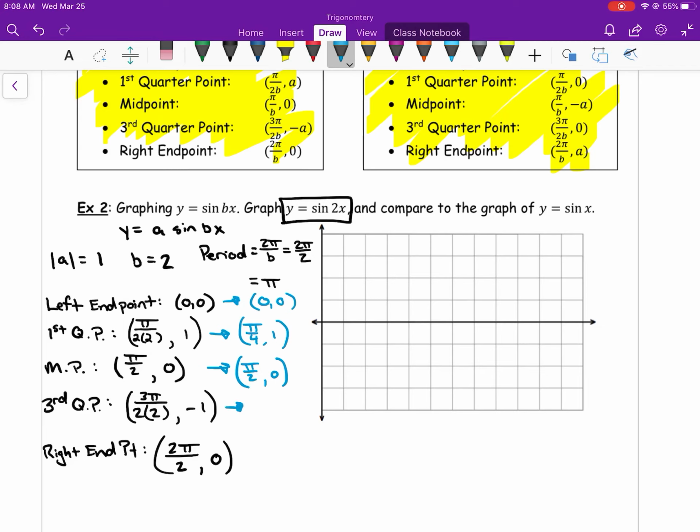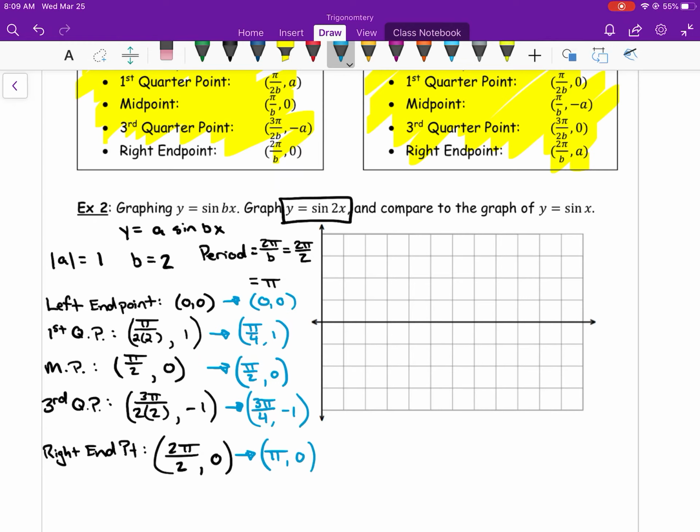And then for my third quarter point, it's 3 pi over 2 times 2, which is 3 pi over 4, comma negative 1. And in my right endpoint, 2 pi over 2, the 2's simplify to 1, so it's just pi, comma 0.